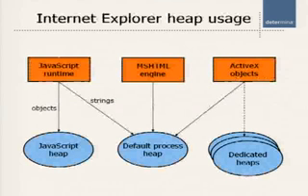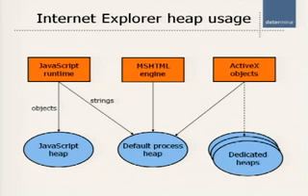But to do this, we need to look at how Internet Explorer actually uses the heap. So in this part, we're going to talk about the internals of Internet Explorer. There are three main components of Internet Explorer that are relevant to our exploitation efforts.